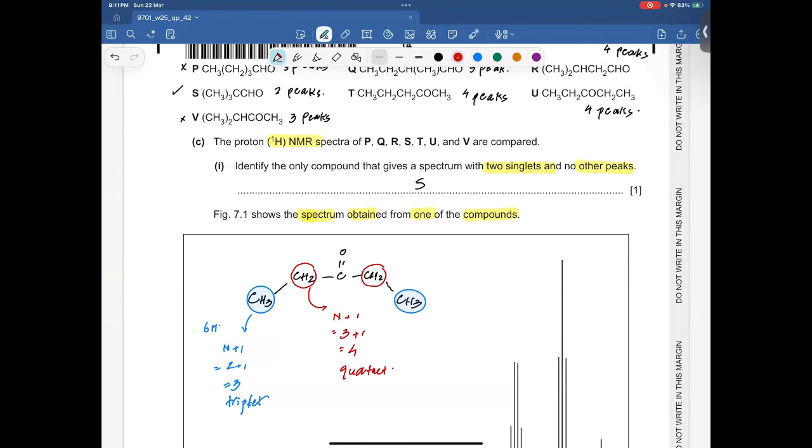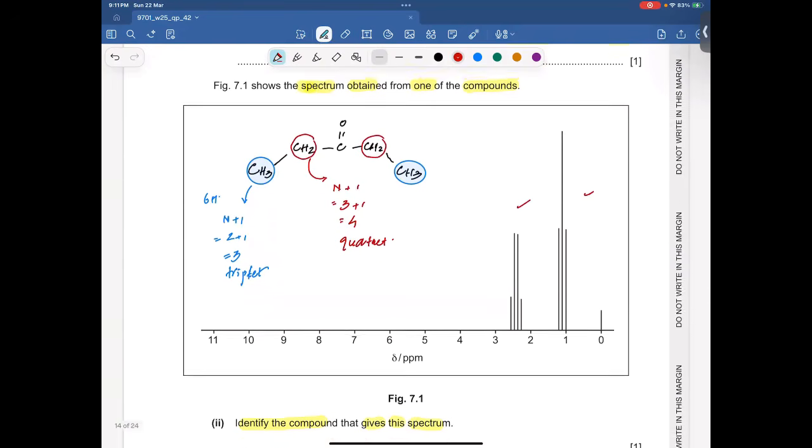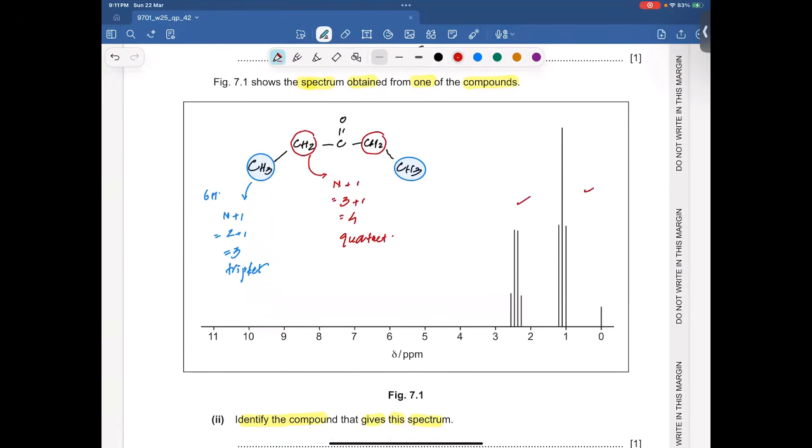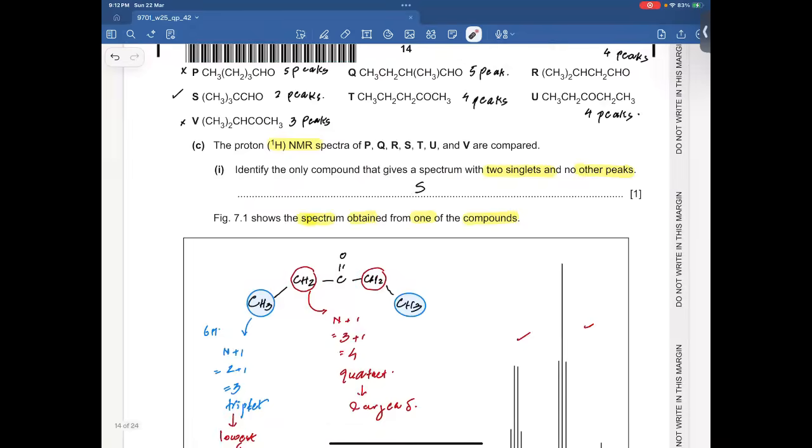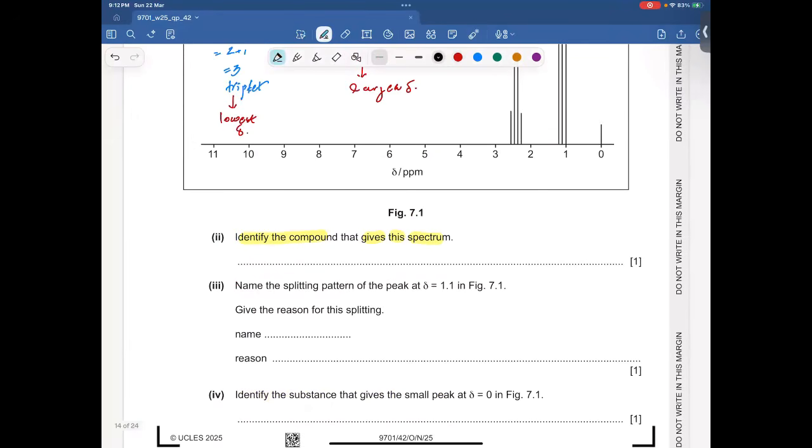One is triplet and one is quartet, and that reflects the same sort of spectrum, okay? Now triplet has the lowest value of chemical shift, and quartet has a larger value of chemical shift, okay? Because quartet is attached closely to the functional group, whereas triplet is away from the functional group, which is why the functional group has lower impact on this, which is why it has the lowest value of chemical shift. So the right answer is going to be U. That's tough, guys. That's tough.